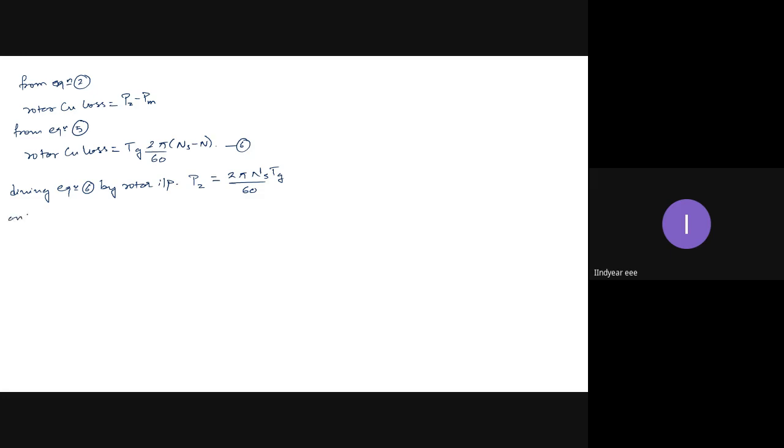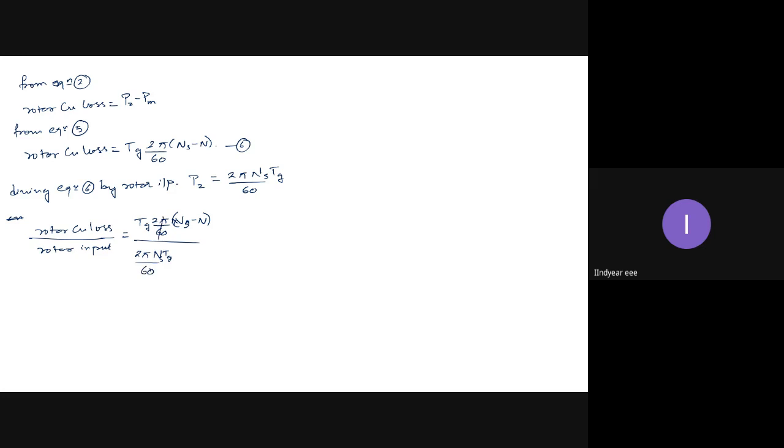Then what do I get? Rotor copper loss divided by rotor input is equals to Tg into 2 pi by 60 into ns minus n, divided by 2 pi ns Tg by 60.